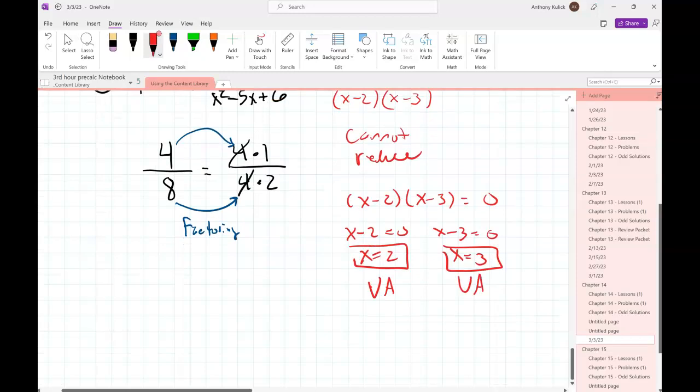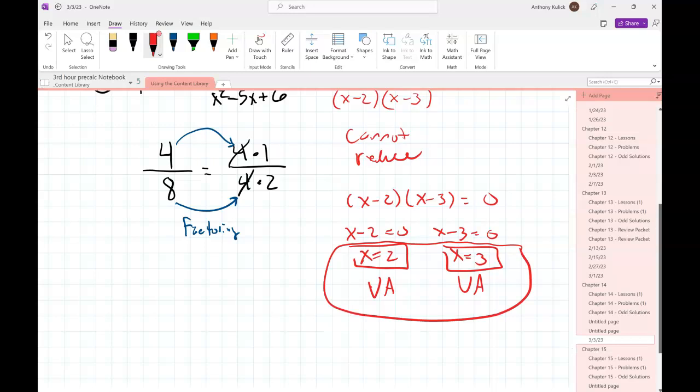So I know both of these are vertical asymptotes. Is everybody okay with that idea? This is the most common outcome, when you get just vertical asymptotes only.